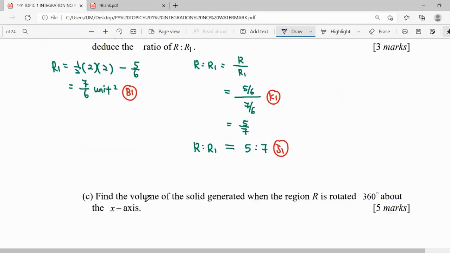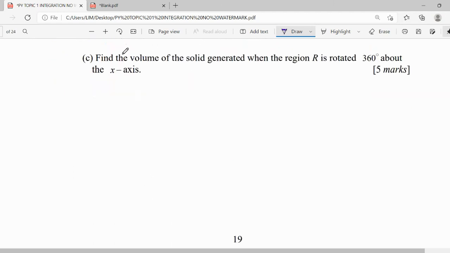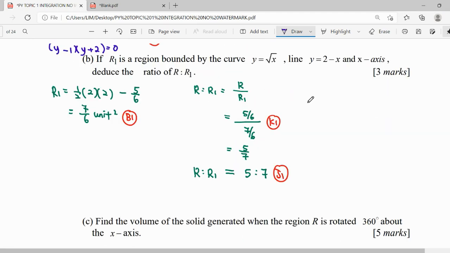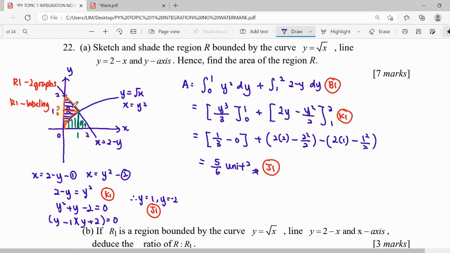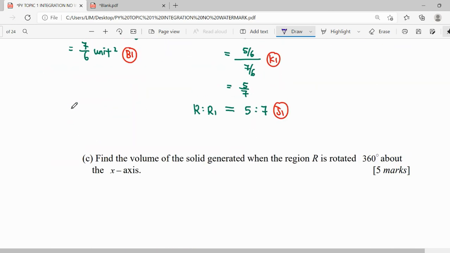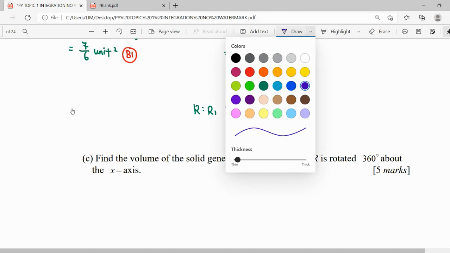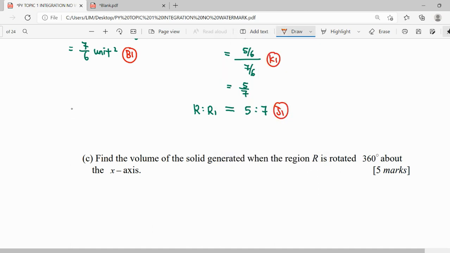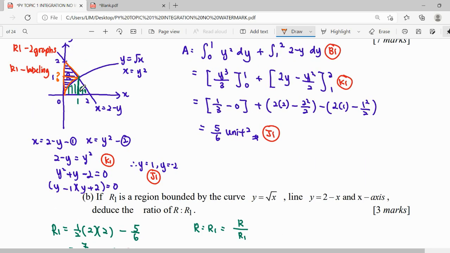When we go for part C, you have to read it clearly. They say find the volume of the solid generated by region R, so they want us to find back our region R. But the question says they want to rotate about the x-axis, so they don't want us to do this volume according to the y-axis.